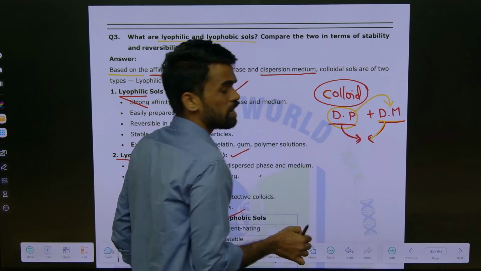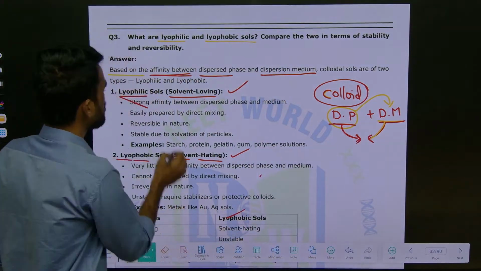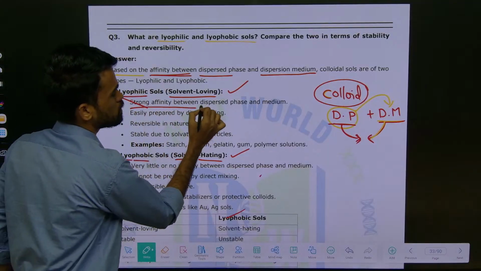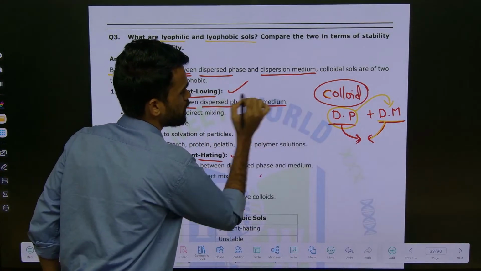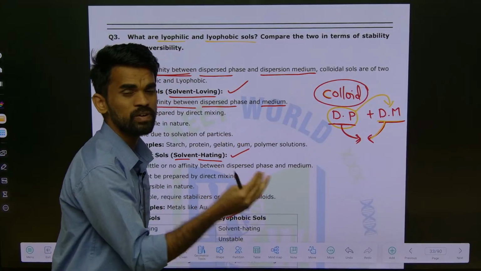See, there is a strong affinity between dispersed phase and dispersion medium in lyophilic colloids.